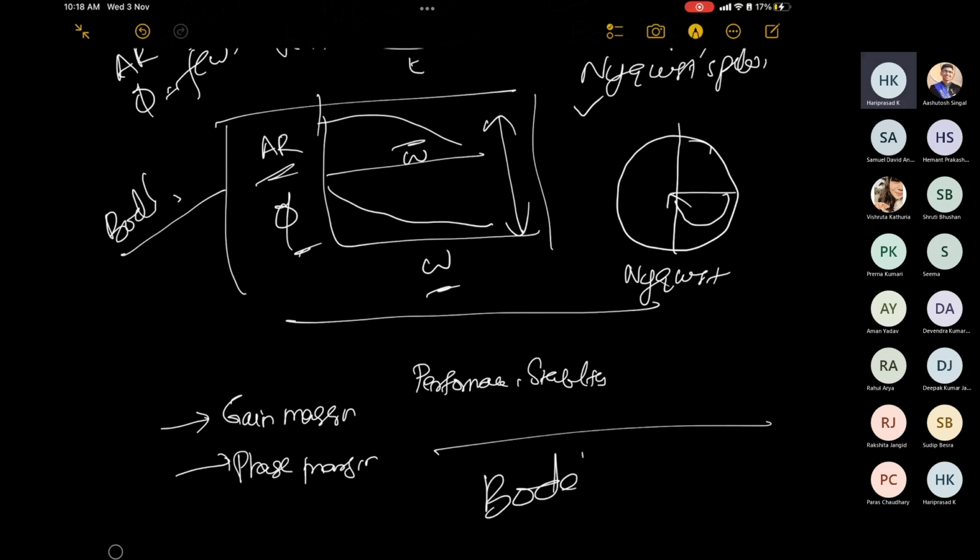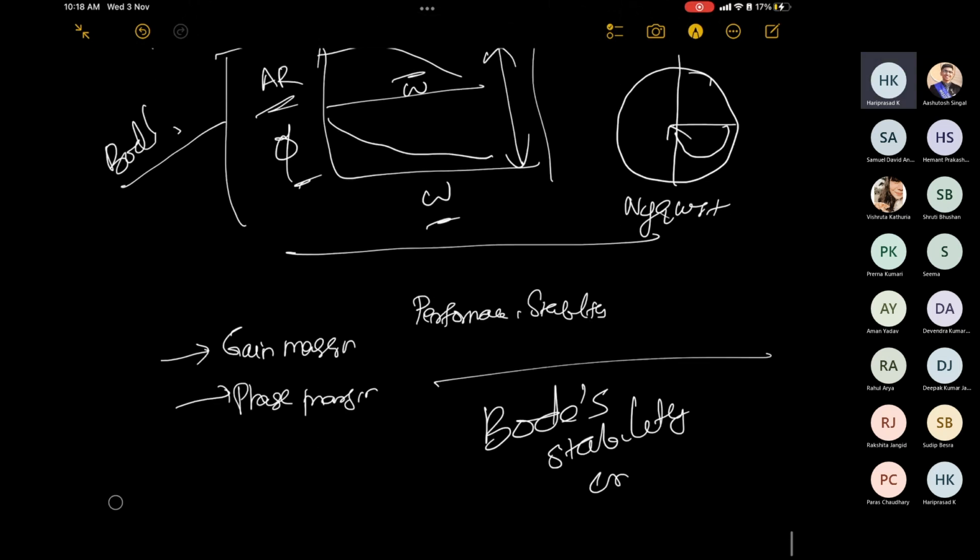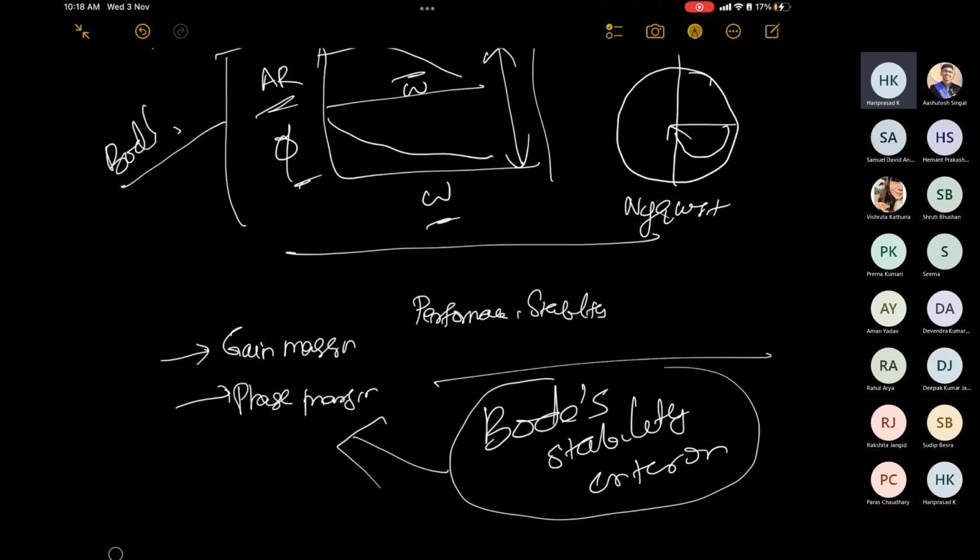the classical thing known as the Bode stability criterion. There is also a Nyquist stability criterion which we won't look into, but if you want, we can discuss that. But this Bode stability criterion is something that gives rise to the definition of gain margin and phase margin. So recall, for the previous case we were using the BIBO stability definition, bounded input, bounded output stability.